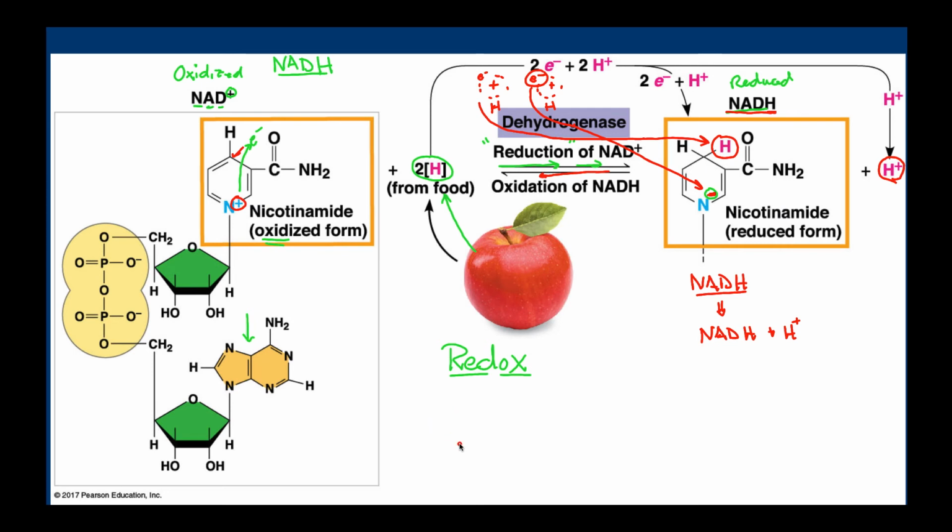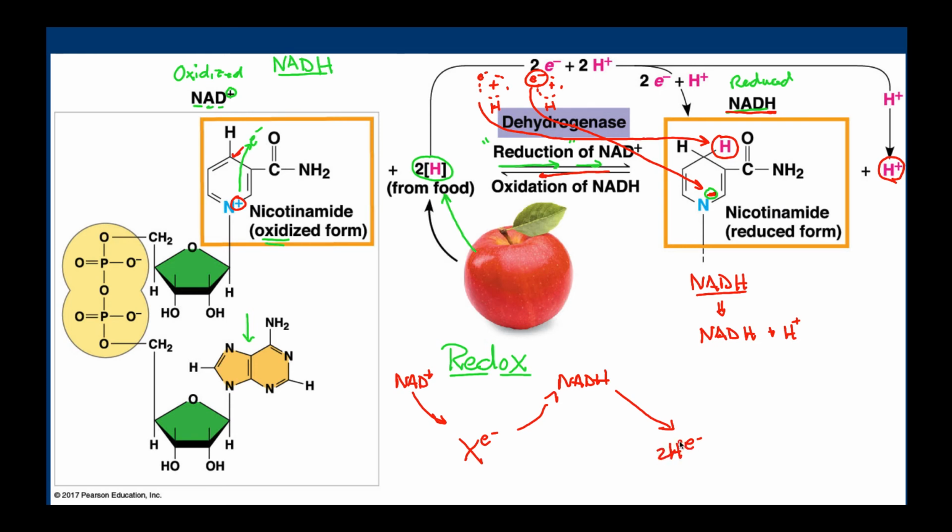is that it's going to pick up electrons from something. It's going to come in as NAD+, pick up that electron, and get reduced to NADH. It's then going to take those electrons and transfer them to some other location and drop those electrons off in the form of two hydrogens.